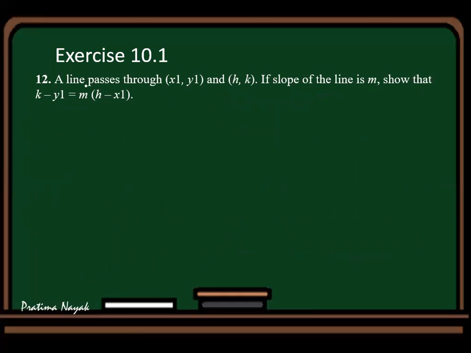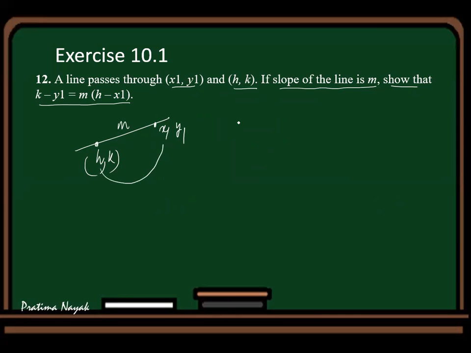Question number 12. A line passes through x1, y1 and h, k. If the slope of the line is m, show that k minus y1 is equal to m into h minus x1. So a line passes through x1, y1 and h, k, and the slope is m. So this is very simple.